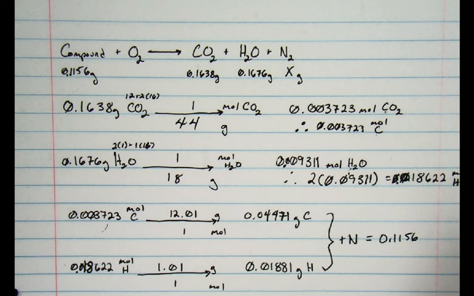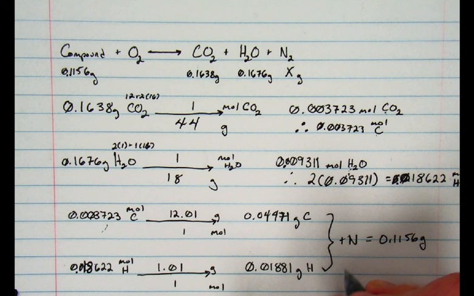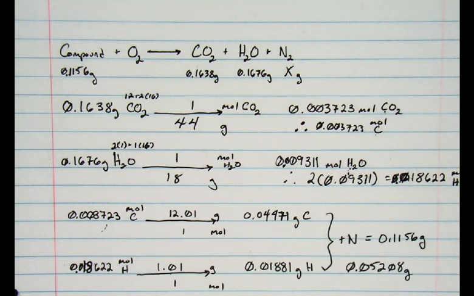So that's simply algebra. Are you smarter than a 5th grader? This plus that plus n equals that. Solve for n. And we find that nitrogen had a mass of 0.05208 grams.